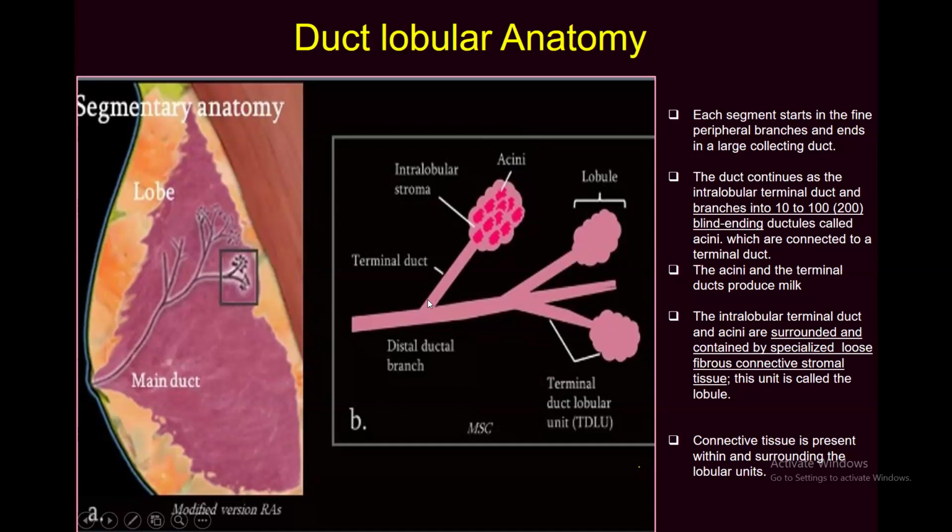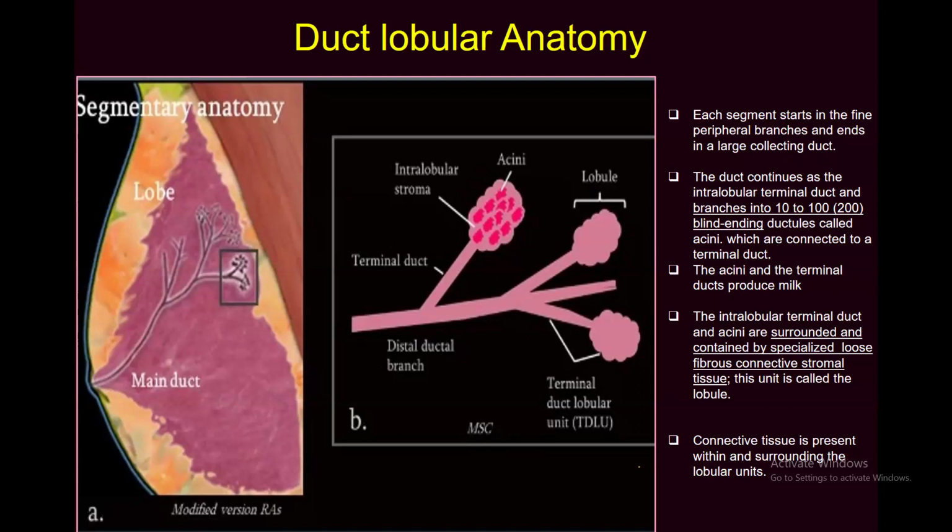See, this is a terminal duct, extralobular and intralobular. These are acini, you see, and the dark pink are acini, and the baby pink is intralobular stroma. Altogether, they call it a lobule.